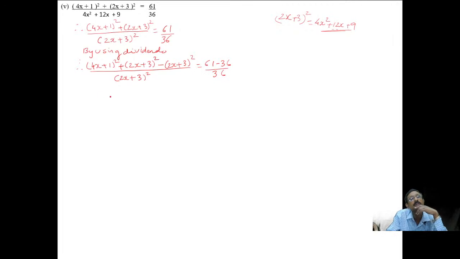Now look at this equation. Here you have plus (2x plus 3) the whole square. Here you have minus (2x plus 3) the whole square. So this and this cancel.